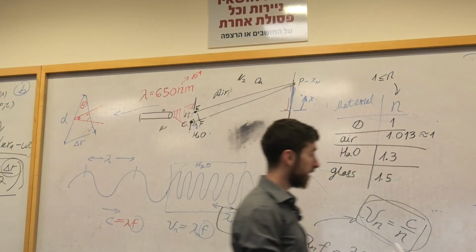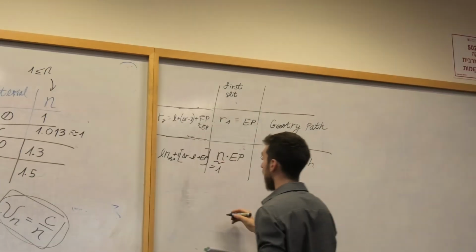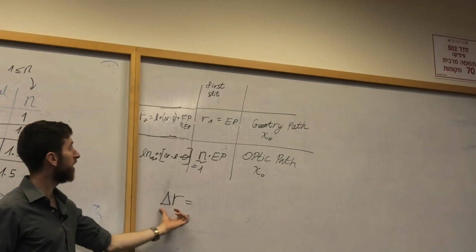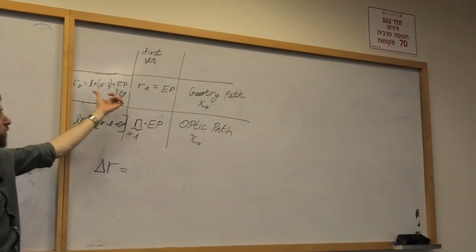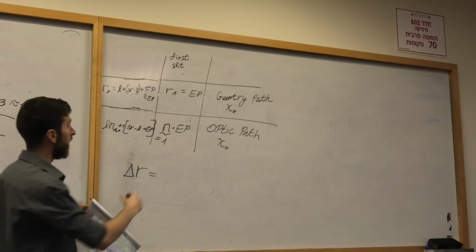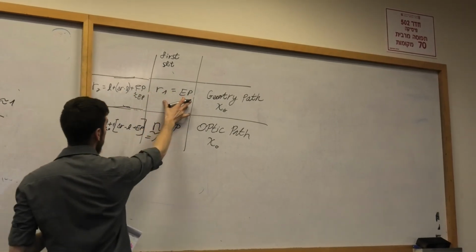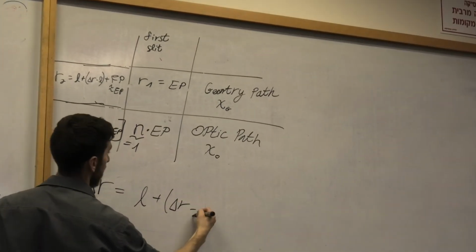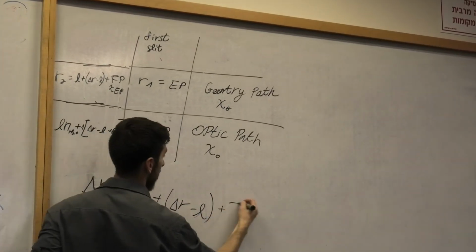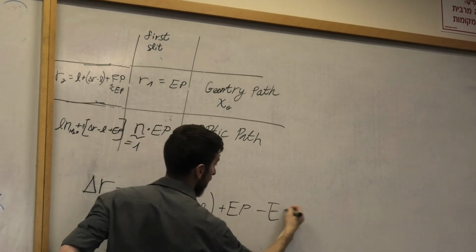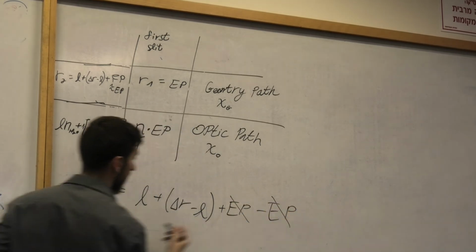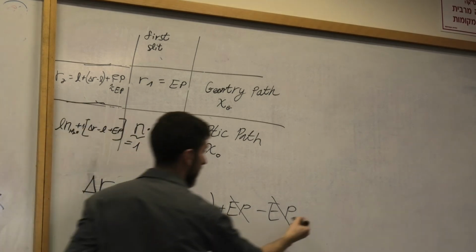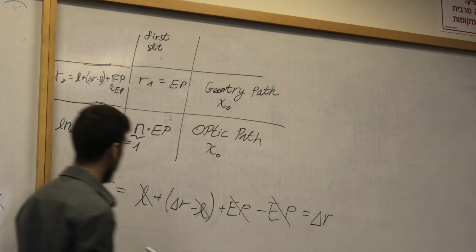Why so? Because remember what delta R was before? Delta R was this minus this. So we have L plus delta R minus L plus EP, minus EP. This cancels, this is delta R geometric.